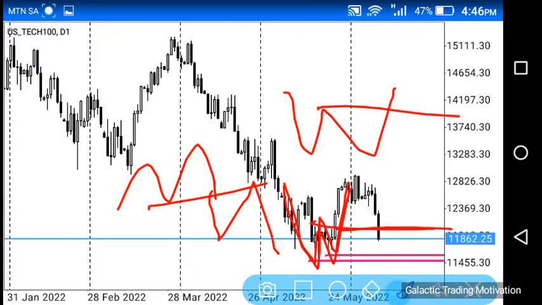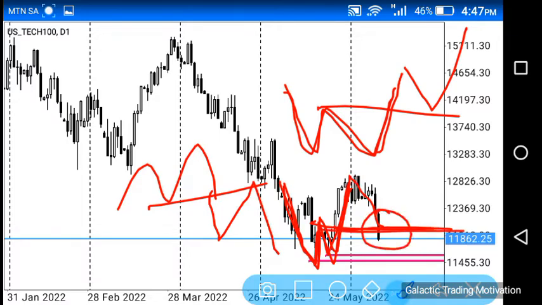In the case of W formations, the same exact principle applies, where we have a W formation and we see price breaking the neckline, coming back to retest it, and then pushing further up. Hence, I say that this W structure here is also very important, because what could have happened is price could have come back to this particular neckline, bounced off it, and then moved further up.